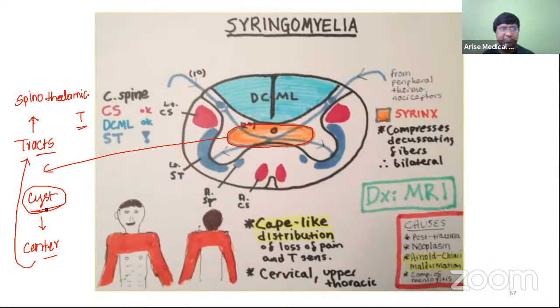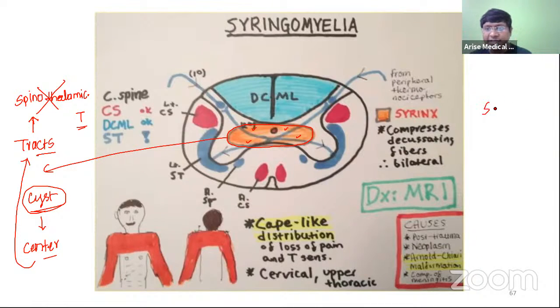This cyst will cause damage to the spinothalamic tract. You see here, the blue color ones are your spinothalamic tracts which are crossing from one side to the other side. So this cyst will cause destruction of the spinothalamic tract.